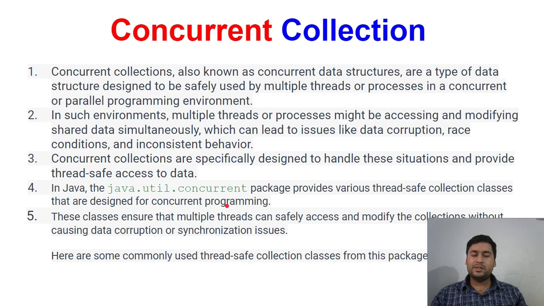Concurrent programming means whatever threads you have, you can do the operations and it will give better performance. These classes ensure that multiple threads can safely access and modify the collections without causing data corruption or synchronization issues. Here are some examples of commonly used thread safe collection classes from the package.